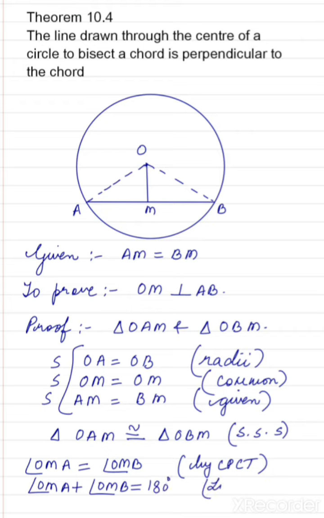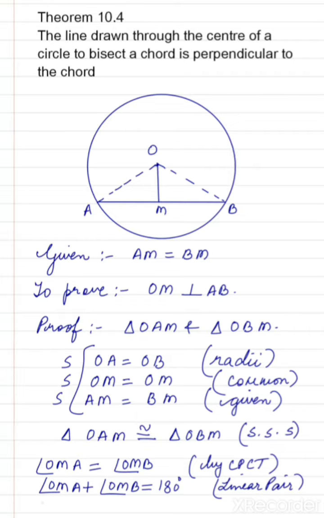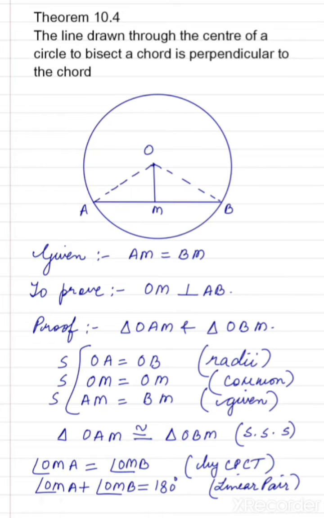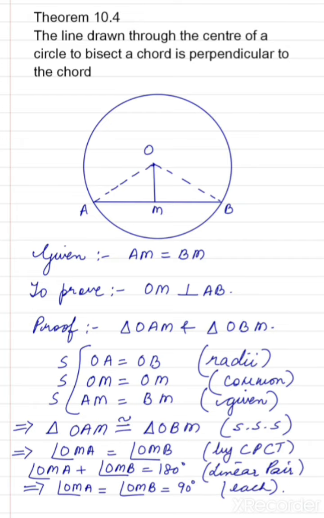Because they are forming a linear pair. And since they are equal, this implies that each one will be equal to 90 degrees. It means that both angle OMA and angle OMB are 90 degrees. That means OM is perpendicular to AB. Hence proved.